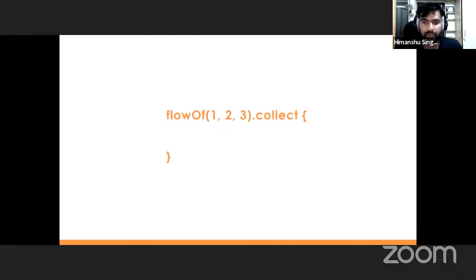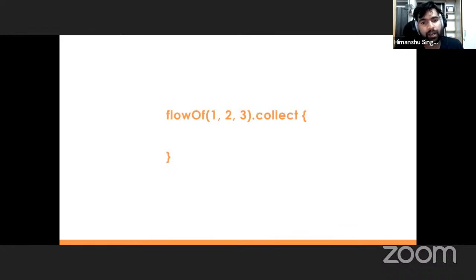This is the same way you can use flowOf 1, 2, 3, and you can collect. So if you map it out here, it's still the same, just 1, 2, 3. One creates an Observable of three numbers, and this creates a flow of 1, 2, 3, and you can collect the values here, 1, 2, and 3, right?